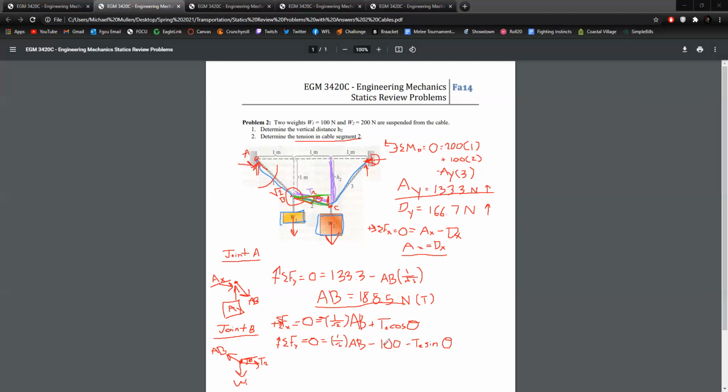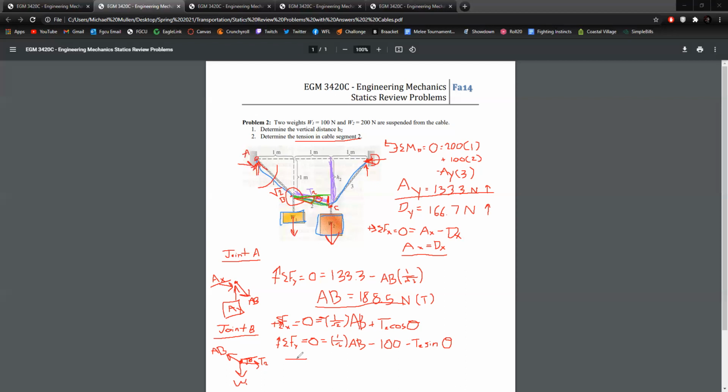So if you change this algebraically, you move this T2 sine theta over by adding it, and then you combine these terms, and you move the 1 over square root 2 AB over by adding it, because this is the negative one. And we treat the T2s as though they're on the same side of the equations.